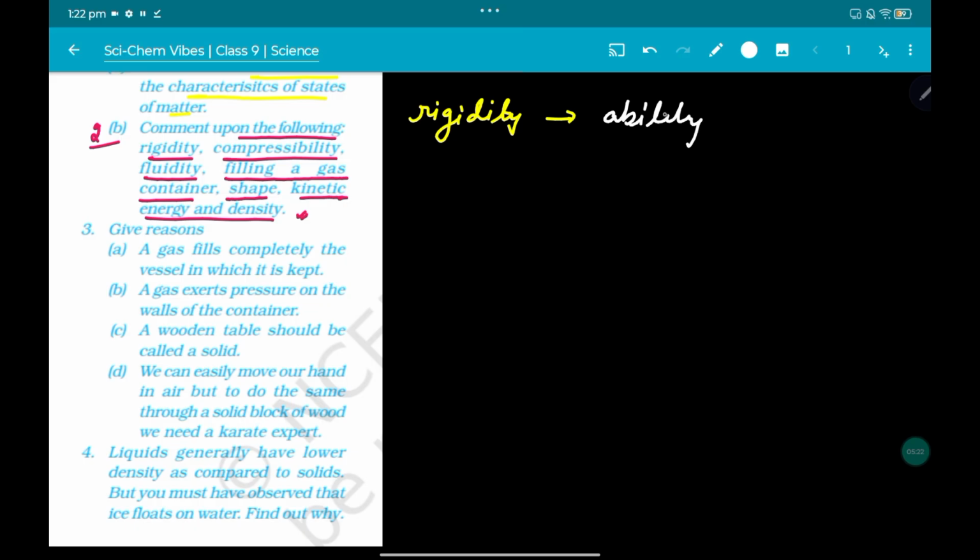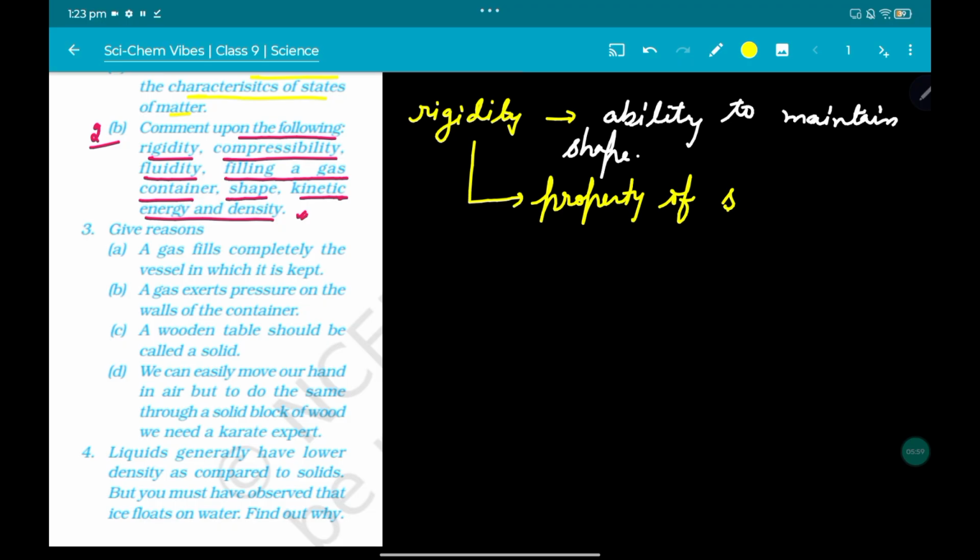In simple words, solids are rigid. We know that solids are rigid because their particles are tightly packed.